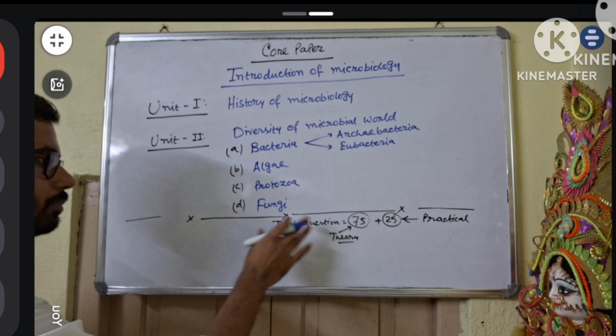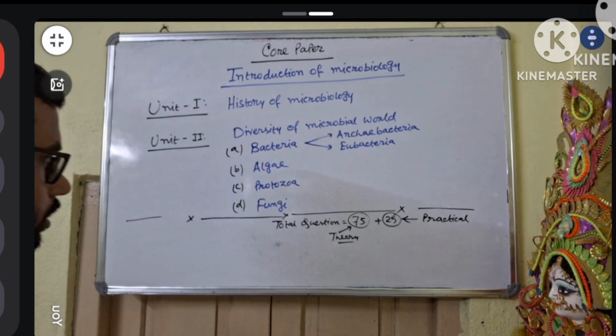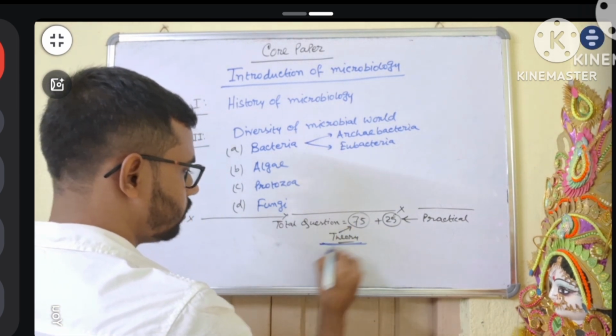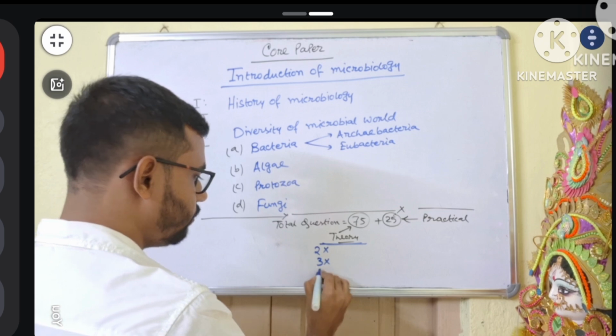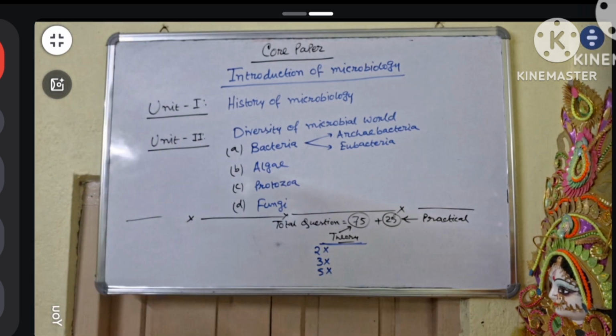If you analyze the previous year question papers in Calcutta University, in the theory portion there are 2 marks questions, also 3 marks and 5 marks. The highest is 5 marks, starting from 2 marks.